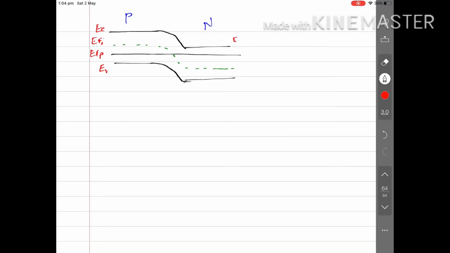Similarly for n-type, this is EC, this is EFN, this is EV, and this is EFI, the intrinsic Fermi level.